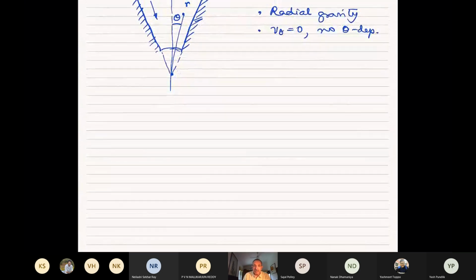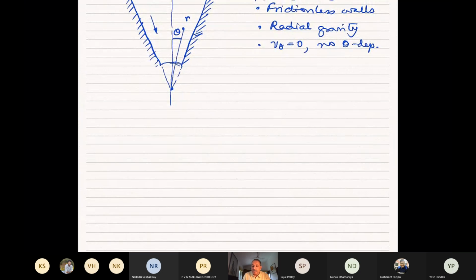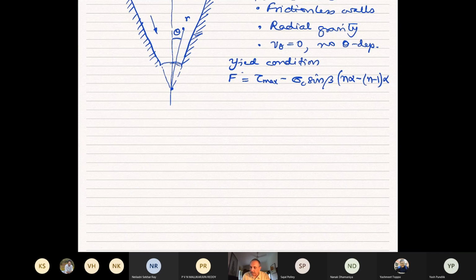And let's suppose that we are given that the yield condition is exactly the same as what we did in the example before. So let's suppose that the yield condition is just f is equal to tau max minus sigma c sine of beta into n alpha minus n minus 1 into alpha raised to the power of n divided by n minus 1.